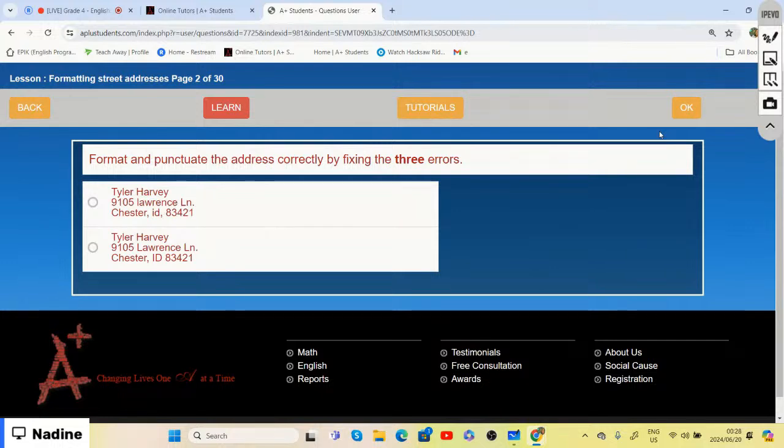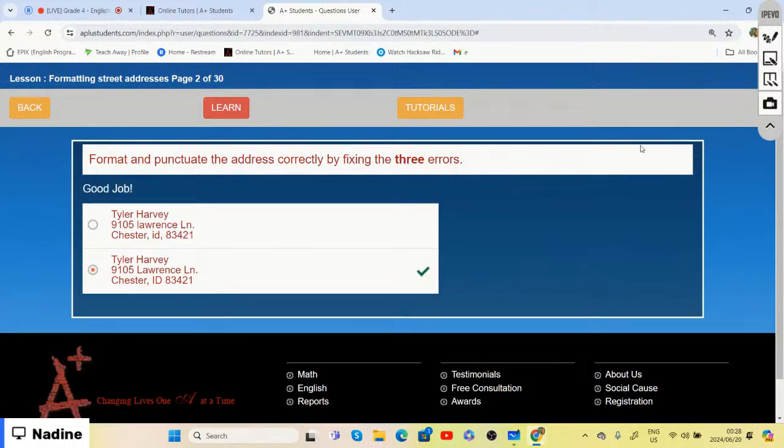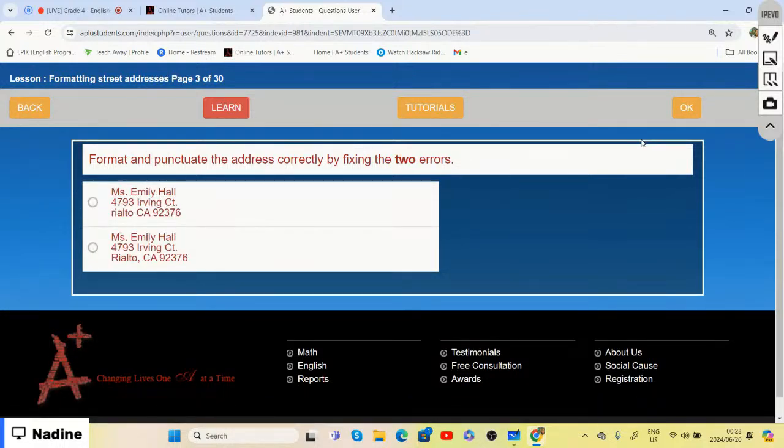All right, then if we were to select the correct option, then yes, we will go with option 2, right? Because in option 1, the Lawrence Street is incorrect, as well as the state abbreviation is incorrect. All right, well done. Let's go to the third one.